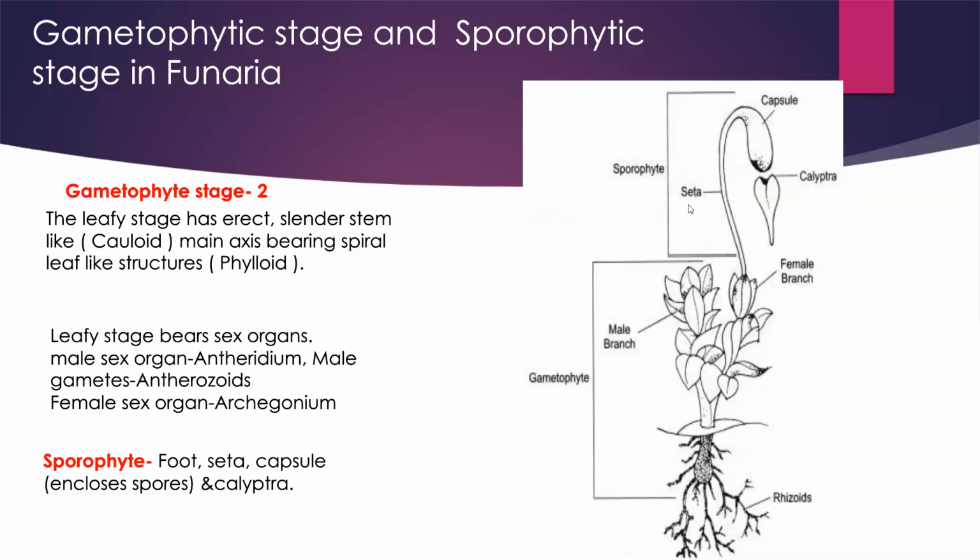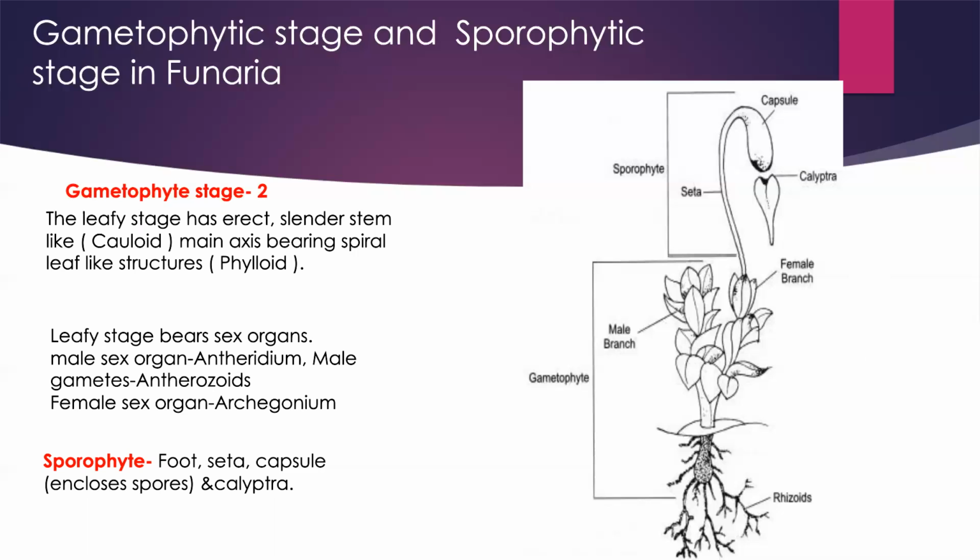That's why the sporophyte is diploid, because it develops from a diploid zygote, and the gametophyte is haploid because it develops from a haploid spore. This is about the gametophytic and sporophytic phases found in bryophytes.